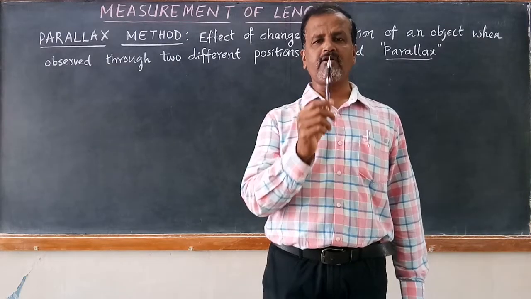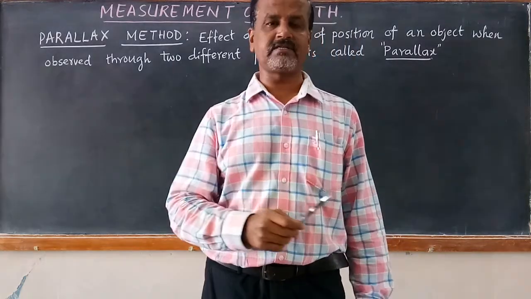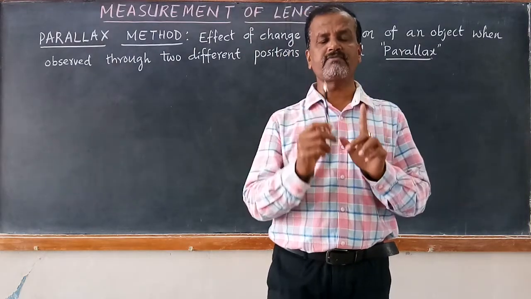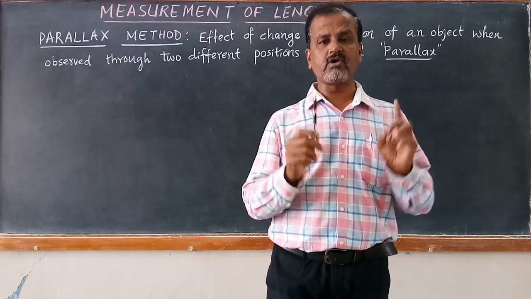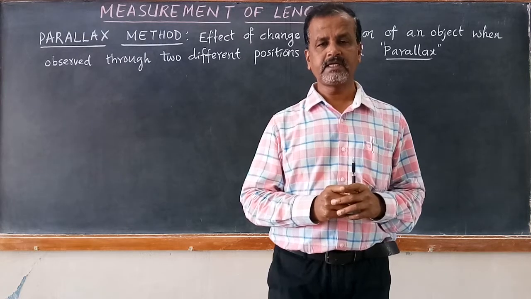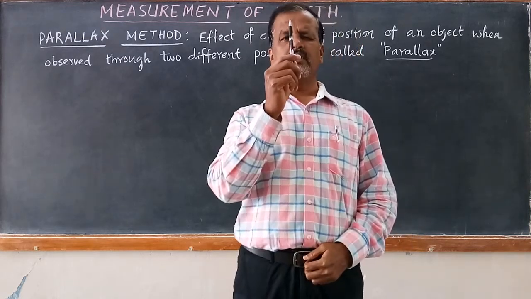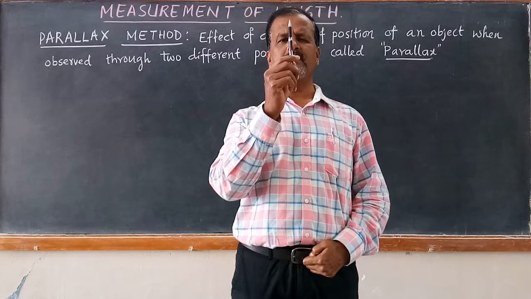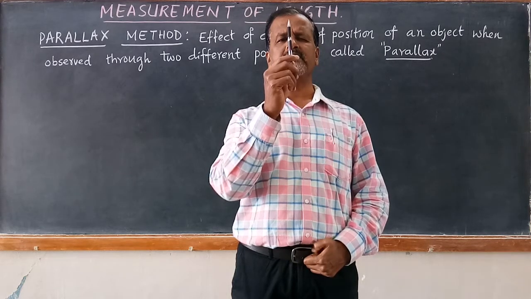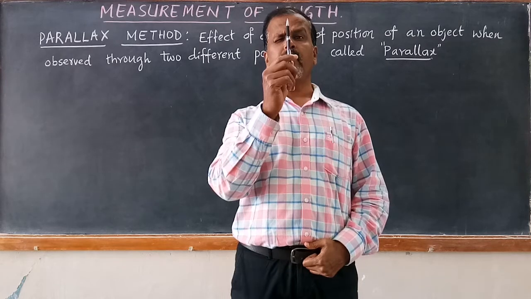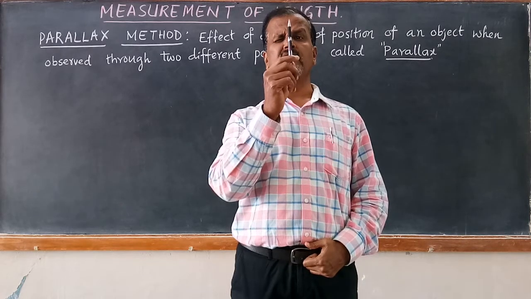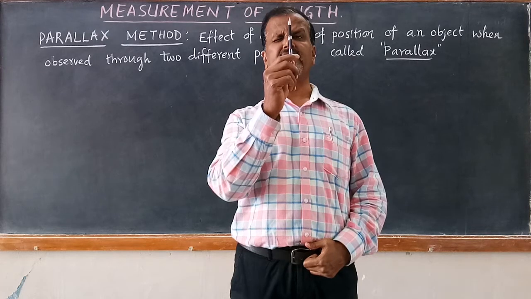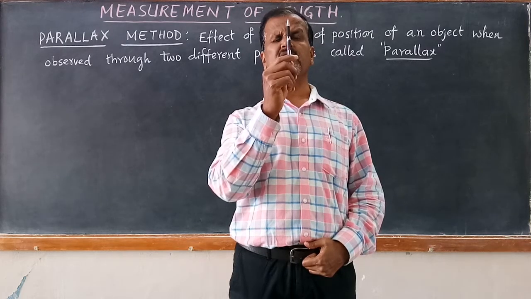So, the effect of change of position of an object by change of position of the observation is called parallax. When you close the left eye and observe, the pencil is at one position, let us say x1. When you close the right eye and observe the pen with the left eye, it appears to shift to another position, x2.